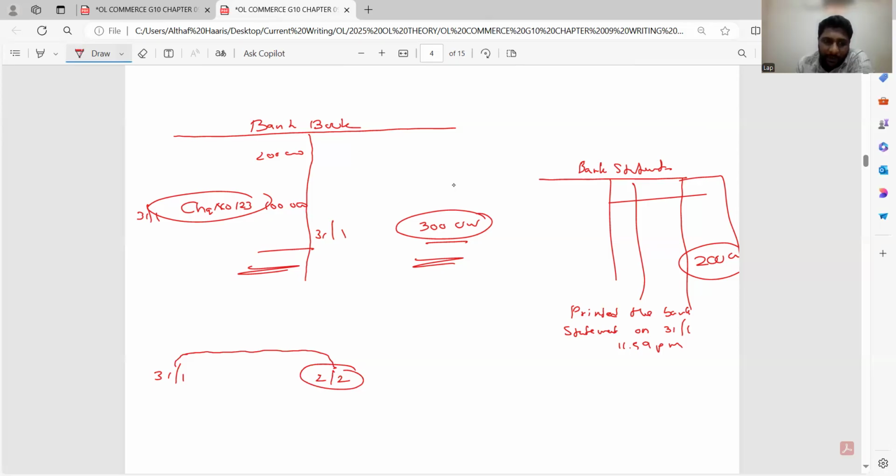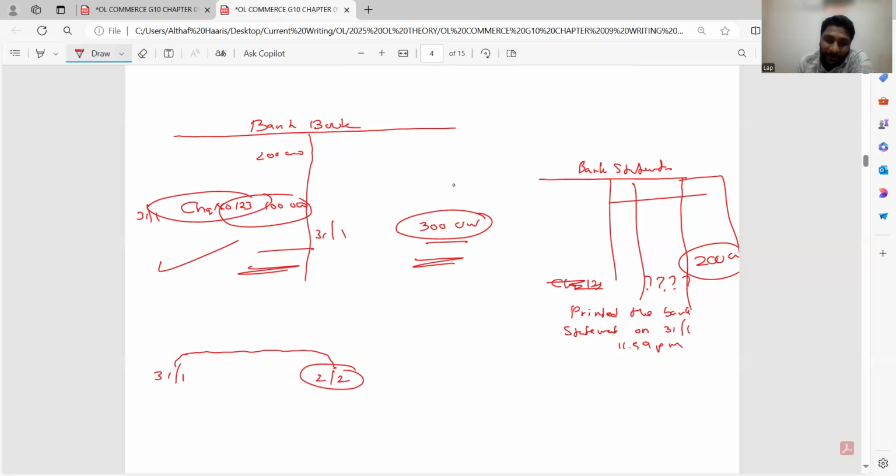So from your side, you have deposited the check, recorded it as a deposit and debited your accounts. But in the bank statement, you can't find it. It is missing. Check number 123 is missing. Why missing? Because still it is in the process.